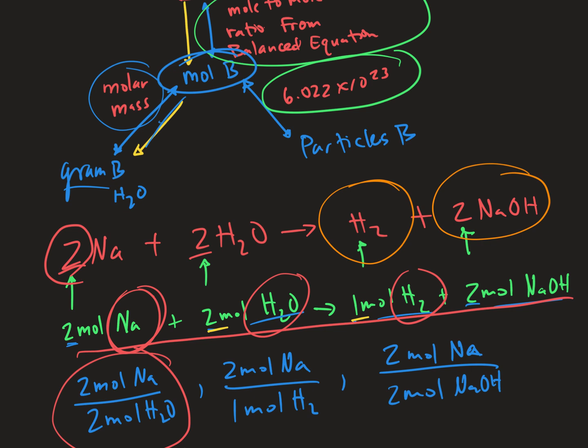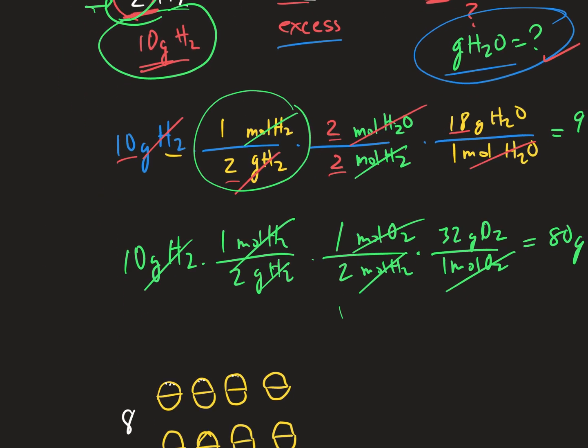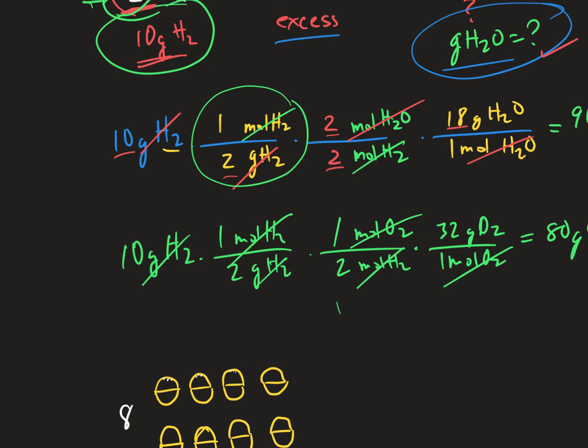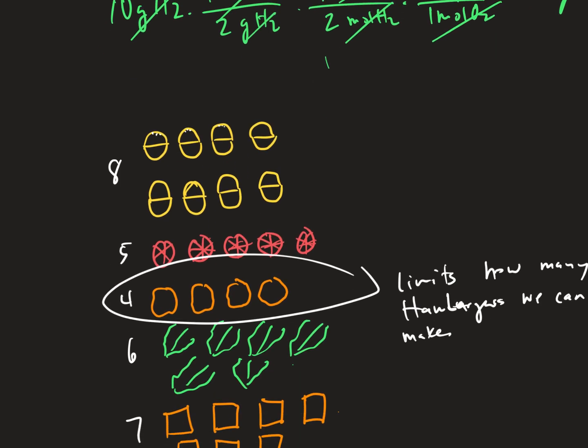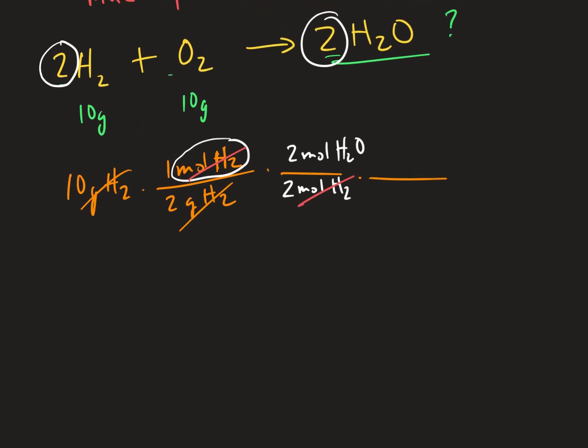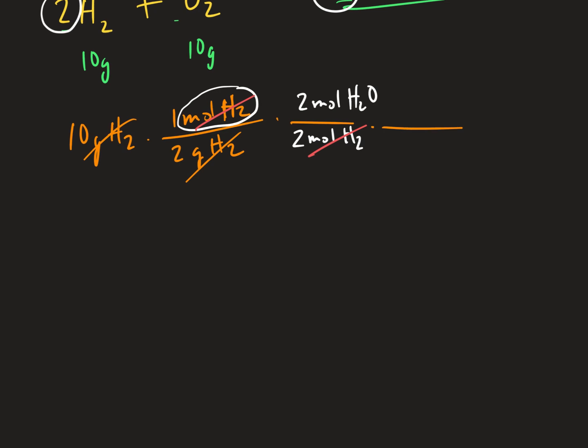Pick one of them. You with me? Because if we're having hamburgers and hot dogs for dinner, well, does hamburgers limit how much hot dogs we make? No, right? So you just have to be consistent with going to the same product. Okay? All right, so do you want to go to moles or just go to grams?